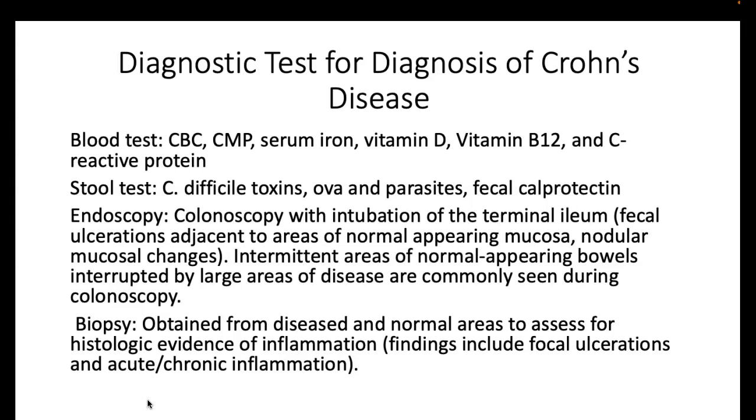They do an endoscopy and colonoscopy with intubation of the terminal ileum. Endoscopists prefer, when a colonoscopy is done, that it's done all the way to the end of the colon and right at the start of the small intestine, which is the terminal ileum, because they want to make sure that there's no disease process in those areas.